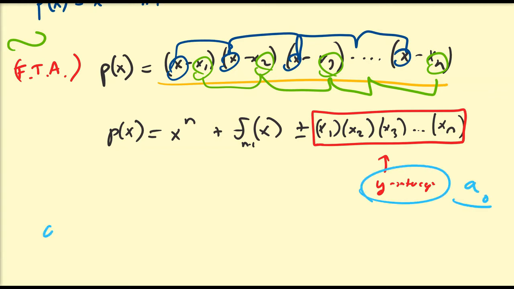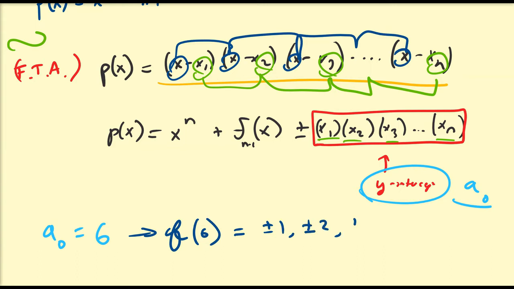So let us assume that a0 was equal to 6. Now what are all the possible ways for which we could multiply to get this number just over the set of integers? Well, we know that the factors of 6, which I'm going to represent as f of 6, are going to be plus or minus 1, plus or minus 2, plus or minus 3, and plus or minus 6.